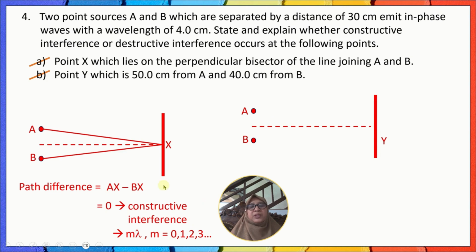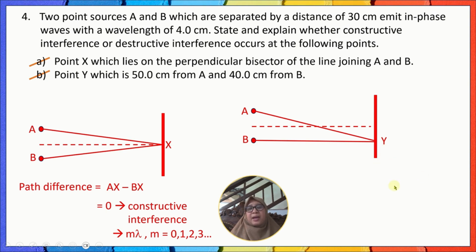Starting from m equals 0, just now from A. Now if it is 50 centimeter from A to Y and 40 centimeter from B to Y, that means AY will be longer than BY. Okay, longer, so 50 is larger than 40 centimeter. So path AY will be longer than BY. So that means the constructive pattern, or the bright fringe shown on the screen here, will be at the order m lambda.